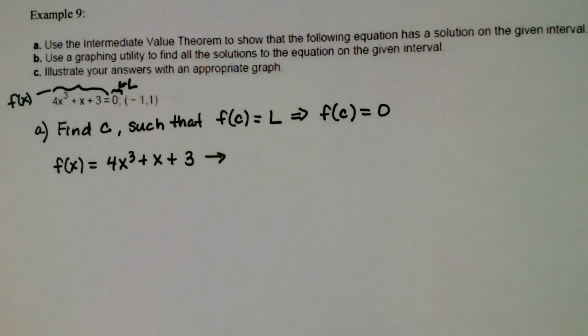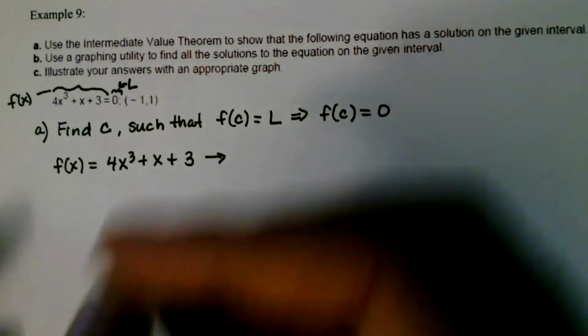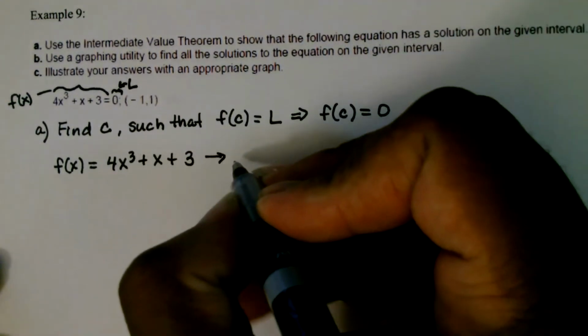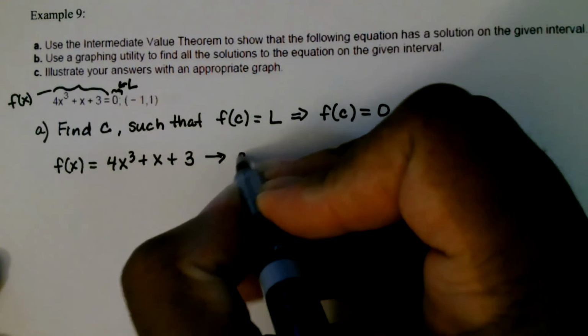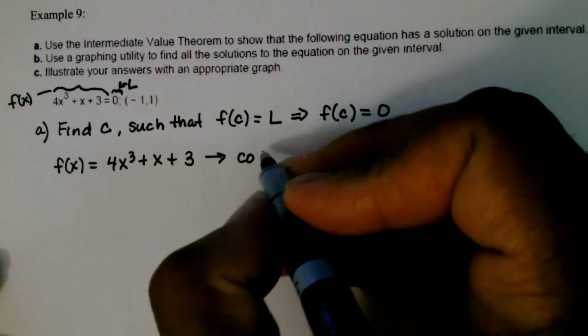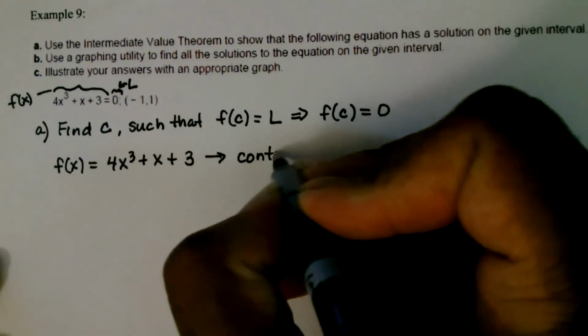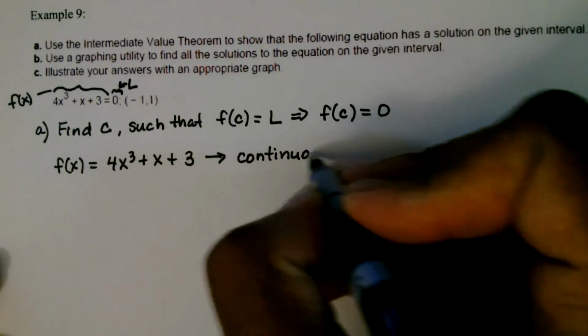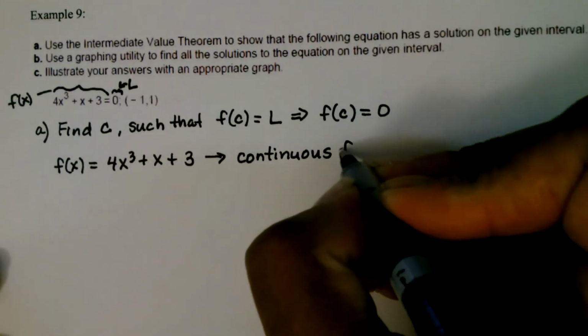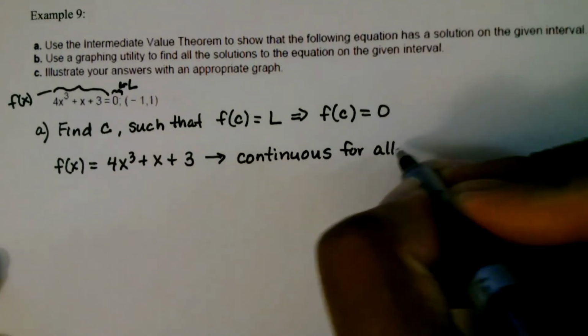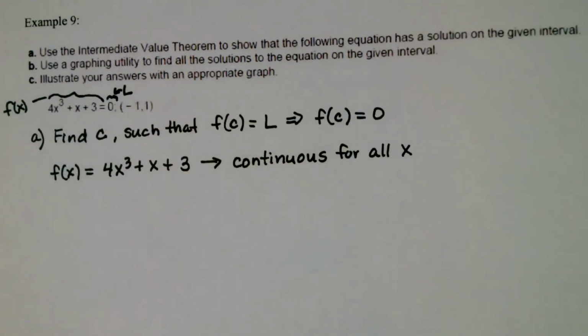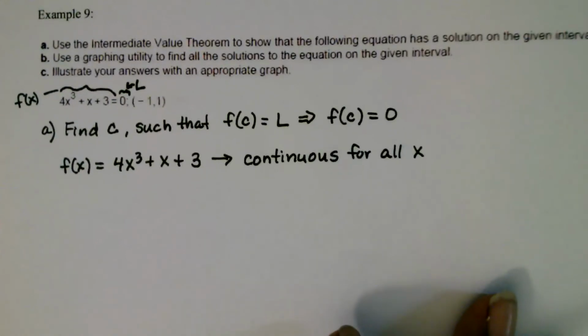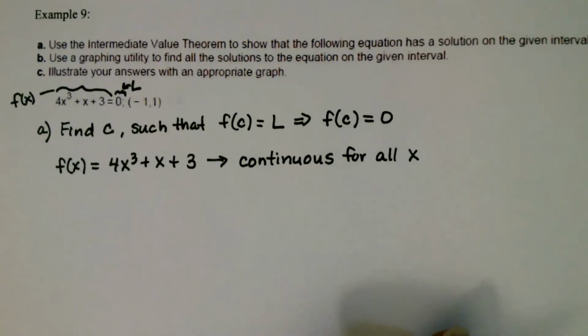By looking at this, it is a polynomial function, meaning that any x value you assign to it, you're always going to get an f of x value. So this function is continuous on the interval. In fact, it's continuous for every x.